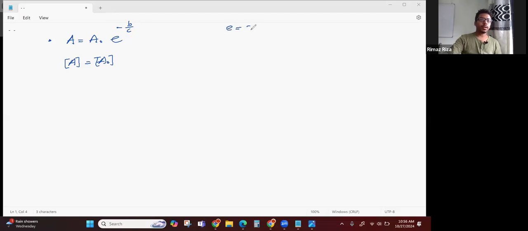It's something like 2 point 7, I'm not sure. So here some number to the power minus B over C. Then the dimension of B should equal the dimension of C. Then only this B over C will be dimensionless. Okay. Right. Else I need to discuss.